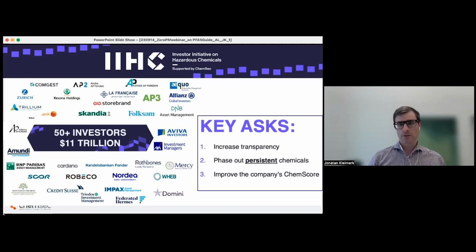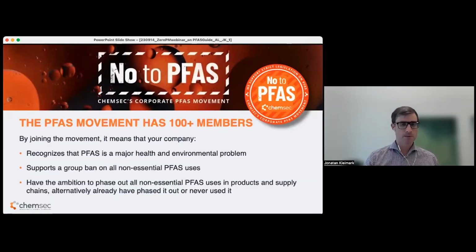And the investors also want the companies to improve their Chemscore. But PFAS is really something that investors see as a very potent financial risk for companies to engage in or to produce. So I think it is important to point out that this stakeholder group has also identified that there's a big risk with PFAS and that we need to do something about these chemicals.